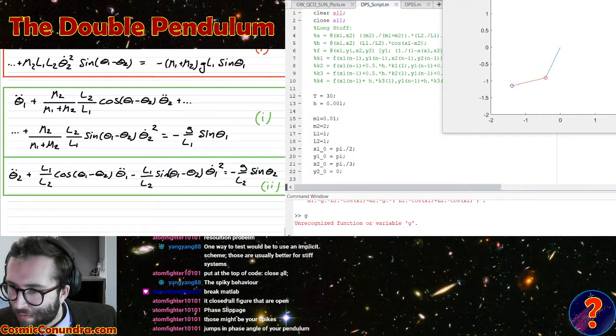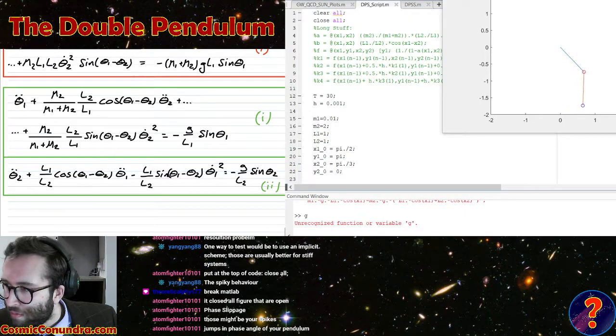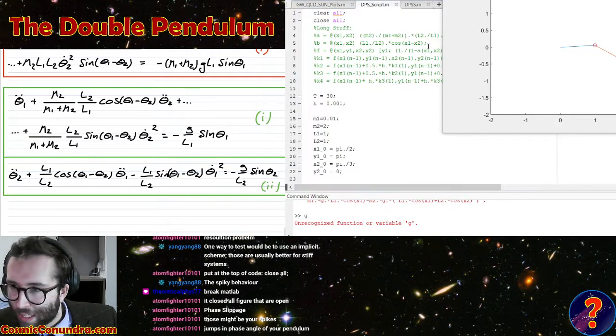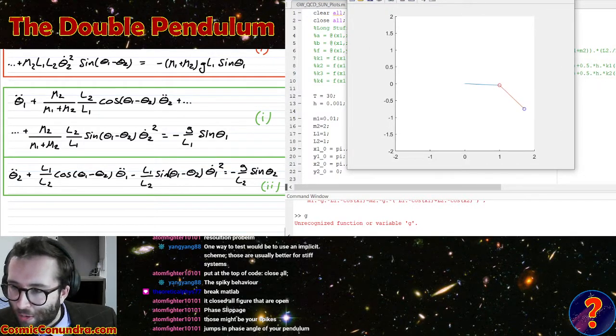Jumps in phase angle of your pendulum. What causes it though? Is it just too low resolution? I don't know. What was interesting to me is that the spikes seem to get proportionately larger than the overall decrease in energy when you increase the time step.